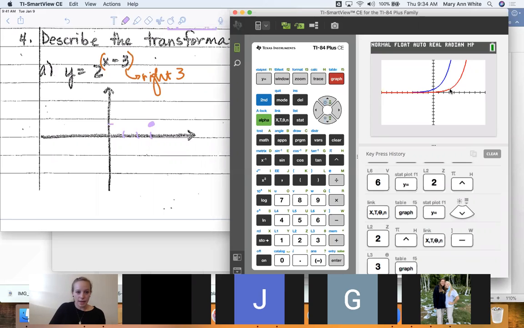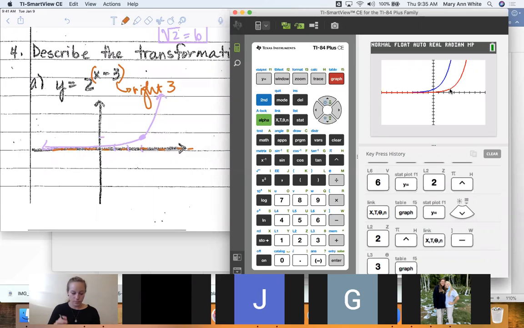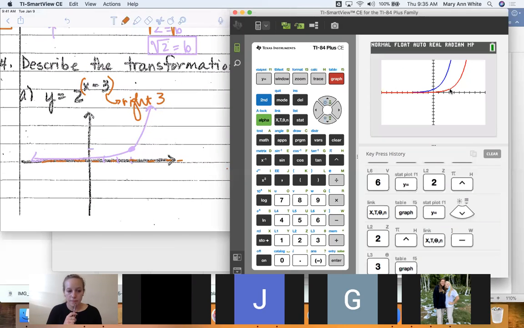For sake of time, I'm not going to do that, I'm going to ask you to trust me. It's still approaching my asymptote, it's just moved over a little bit. Again, basic transformations still hold. I just think we're a little less familiar with this, so I'm backing it up with the calculator.